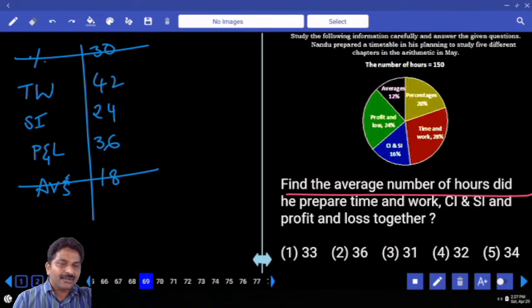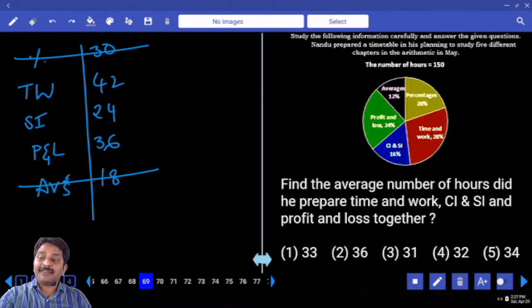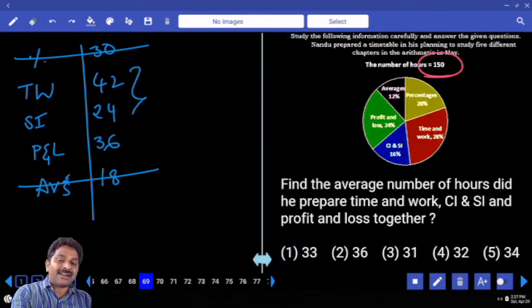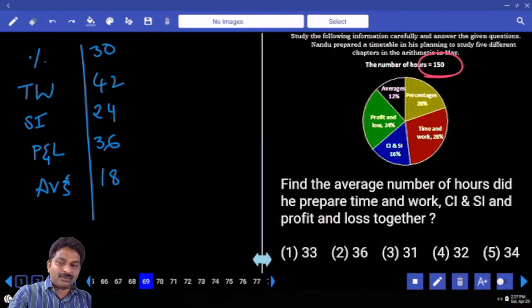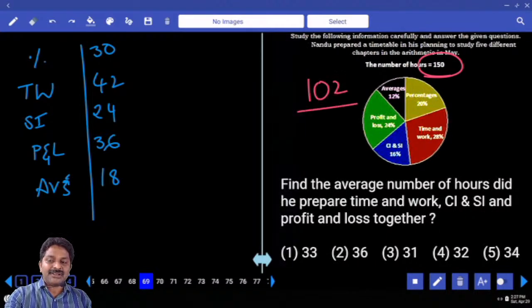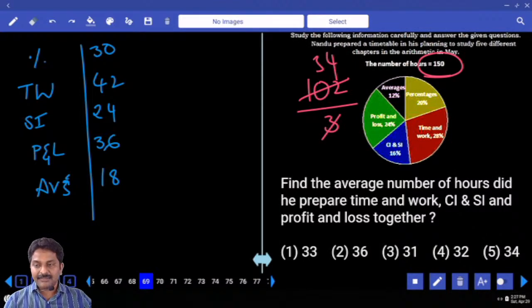What do we not want now? Percentages and averages. Sum of those two? 48. If you subtract 48 from 150, we get the sum of these three numbers only. 150 minus 48 is 102. And average for how many numbers? 3 numbers. Answer: 34.